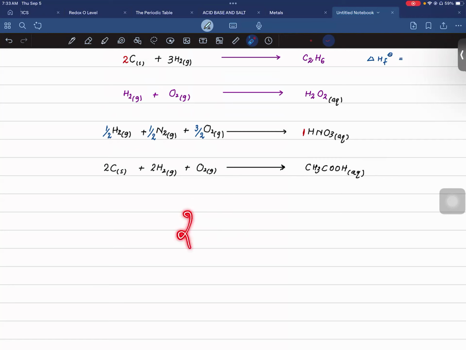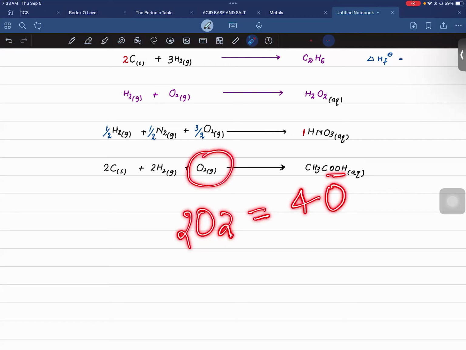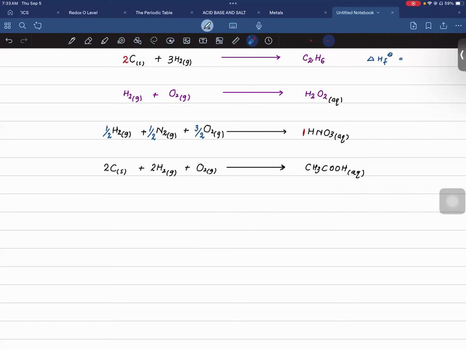When I would be writing 2O2, it means that I'm going to write 4 oxygens. This is 2 oxygens, so that's why I only need 2 oxygens, so that's why I have written O2. Are you getting me? Yes or no?